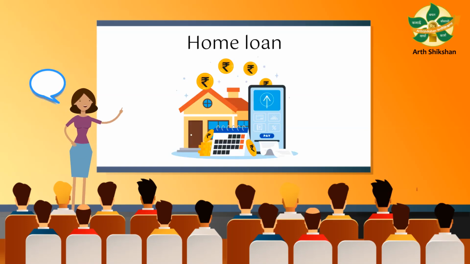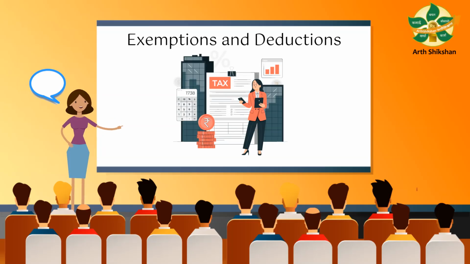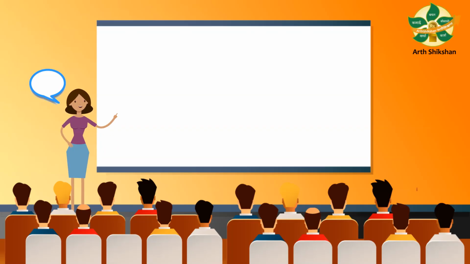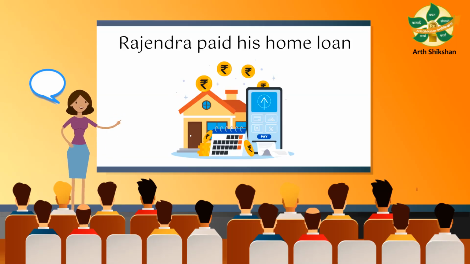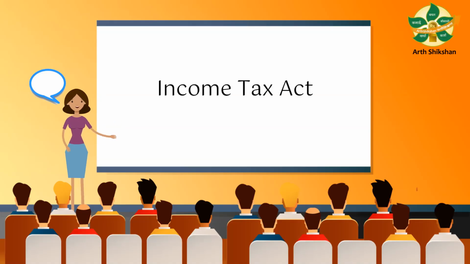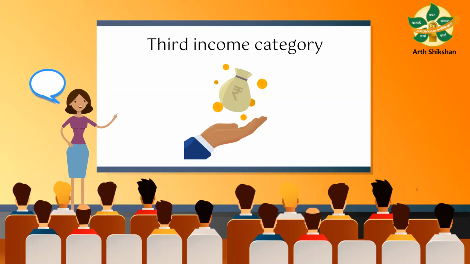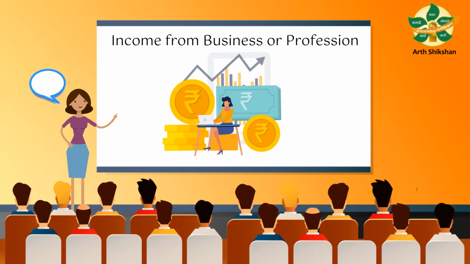If you have a home loan, you can claim a tax exemption or deduction of up to rupees 2 lakhs. In Rajendra's situation, he paid rupees 2,09,411 towards his home loan, and according to the Income Tax Act, he is eligible for an exemption of up to rupees 2 lakhs.